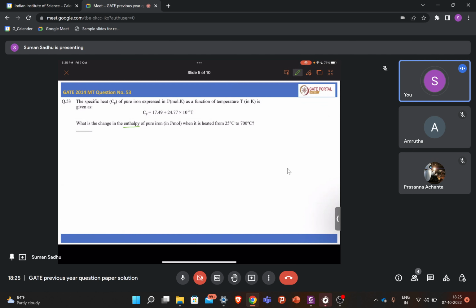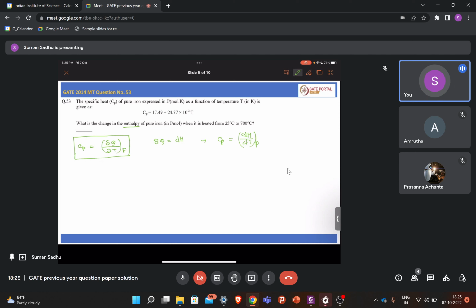So if you write it in mathematical form, it will be the amount of heat, that is delta Q, required to raise the temperature 1 degree at constant pressure, right? Now, at constant pressure, this delta Q is equal to dH, or change in enthalpy. So this equation will become Cp is equal to dH by dT at constant pressure.